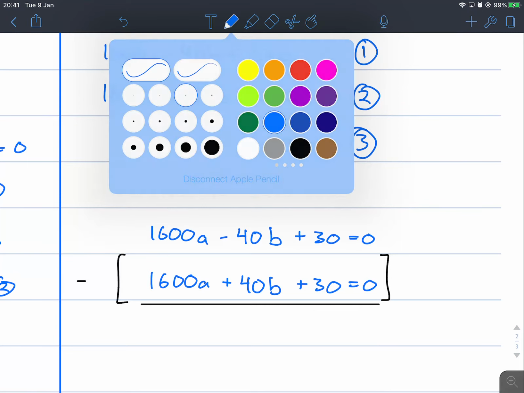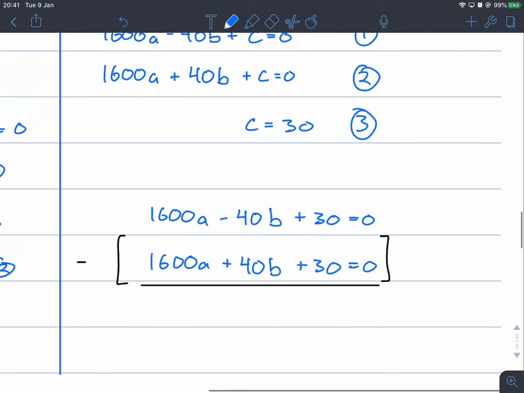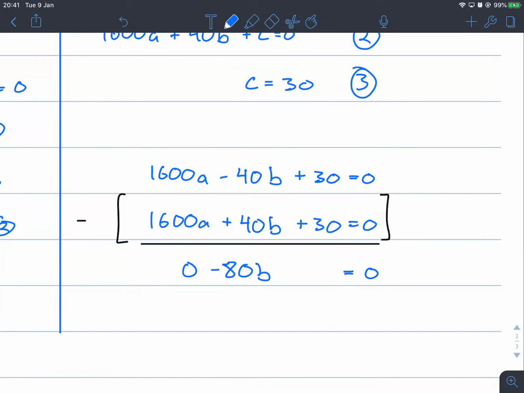Okay, so it's going to be 1600a minus 1600a. That's going to be 0. Negative 40b minus positive 40b is going to be negative 80b. So it's going to be now 30, take away 30, well, that's just 0. That's equal to 0. Well, dividing both sides by negative 80, that will give me b is equal to 0.